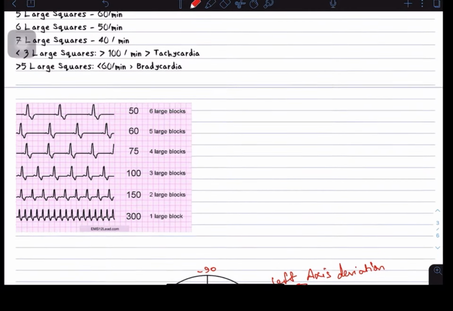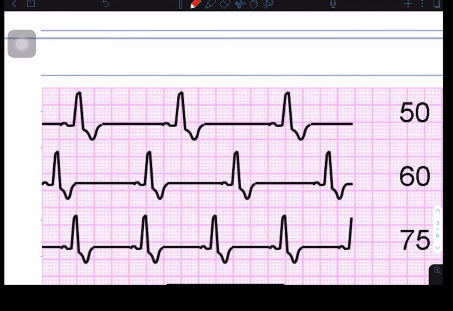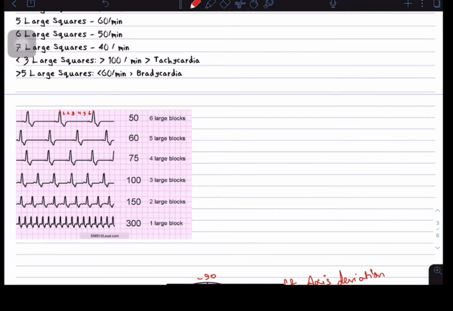For an example, let's just see this one. This one is from the R wave to the R wave. So we can see 1 box, 2 box, 3 box, 4 box, 5 box, and 6 box. And we calculate 300 divided by 6 boxes is equal to 50. So 50 is the heart rate.